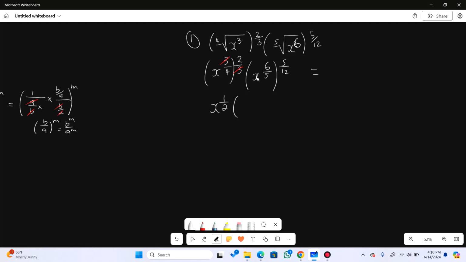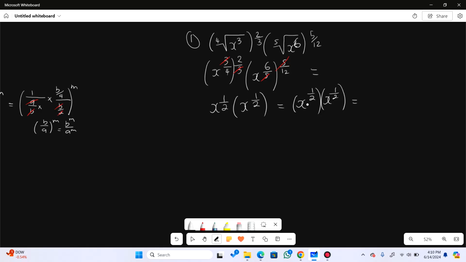right? And then here again, the 5 and the 5 will move, and then 6 over 12 is basically a half. So here you basically have x to the half times x to the half, right?